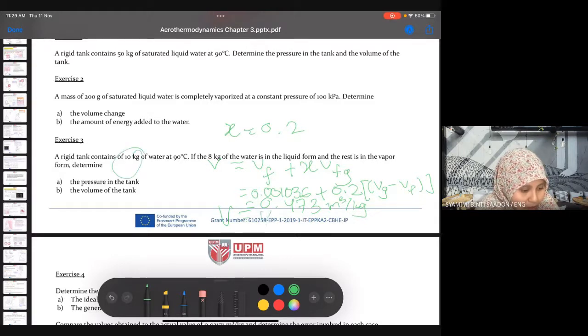So we get 4.73. In this example, using quality X is longer. The method is longer, because we need to calculate first the X and change it between the phase, etc.